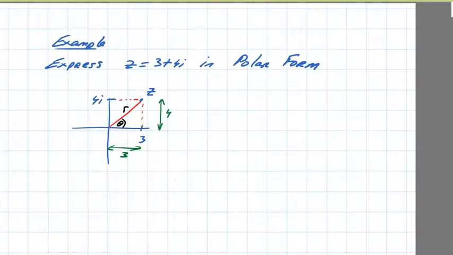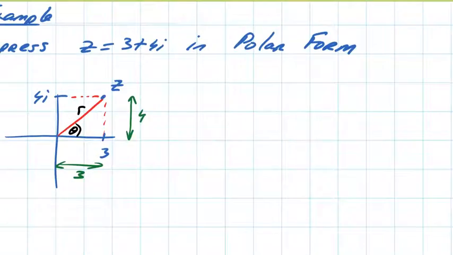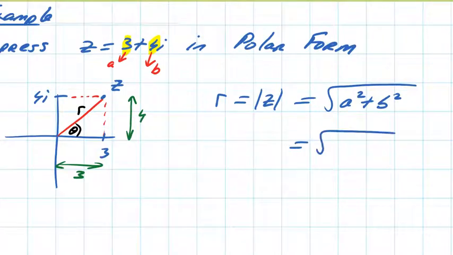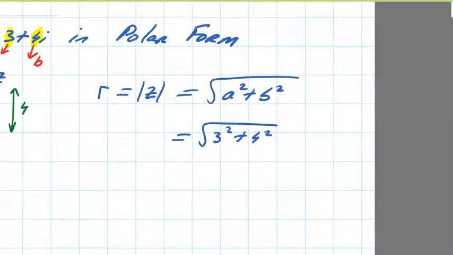So let's get r. Well, r is just the modulus, and we've already done that loads of times. The modulus of z is simply the square root of a squared plus b squared, and of course this is a and this is b. So all you have to do here is the square root of 3 squared plus 4 squared, which, if you work it out, is the square root of 25, which is just 5.